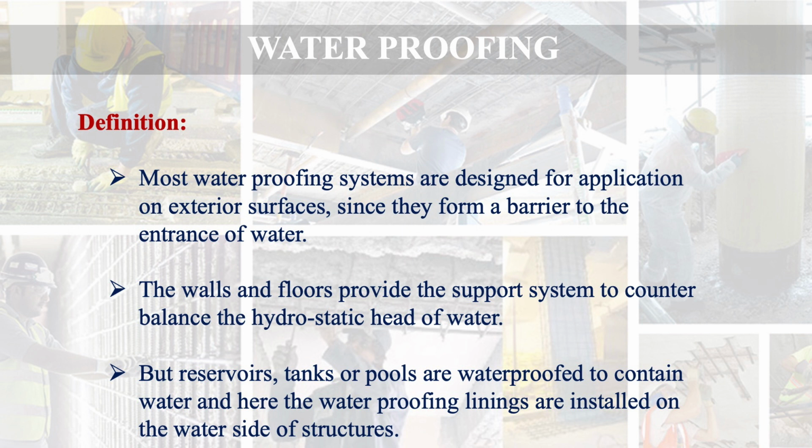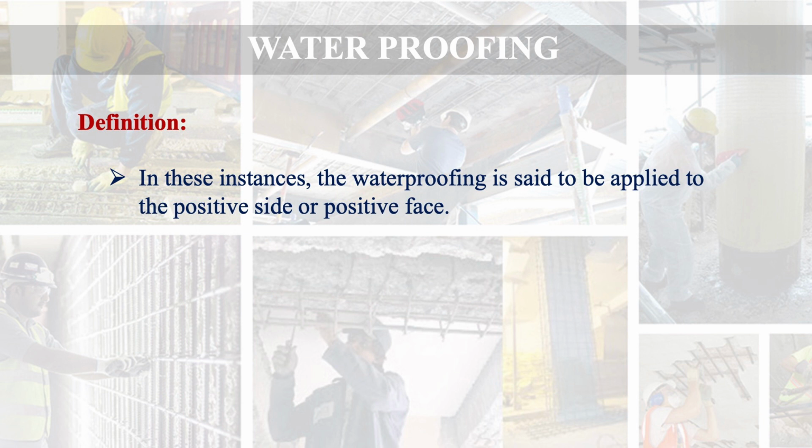But reservoirs, tanks or pools are waterproofed to contain water, and here the waterproofing linings are installed on the water side of the structure. In these instances, the waterproofing is said to be applied to the positive side or the positive face.